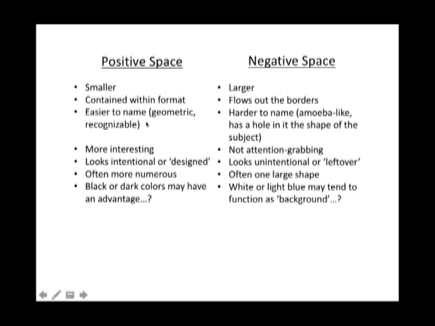They often depict something, or if they don't depict something, they're often geometric or have a feeling of being vaguely recognizable in some way. Negative spaces are a little bit harder to name. They may be amoeba-like. They may have to be named with reference to the positive space. It's got a hole in it, the shape of the subject, and it goes out to the edges.